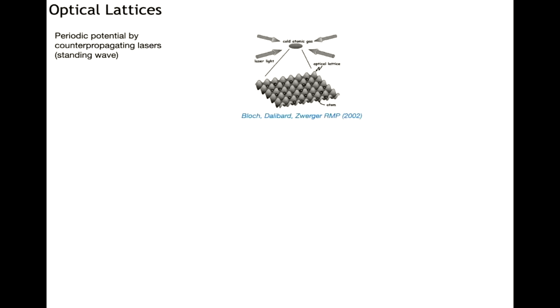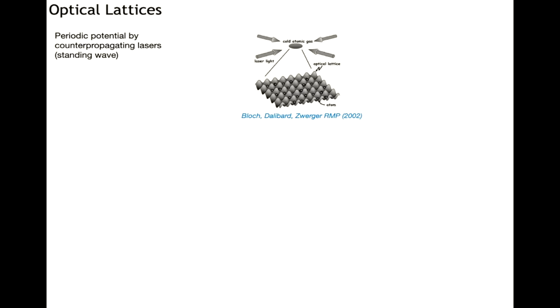Okay, so one development that stemmed out of these efforts is the so-called optical lattices. You can view optical lattices as a sort of analog quantum simulator for condensed matter physics in the following sense. So condensed matter physics is about electrons moving in a solid. So a solid is a crystal, right? It is a periodic, regular structure, and electrons move in this periodic structure, right?